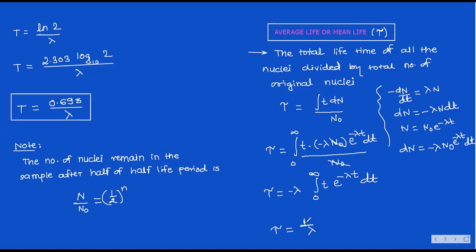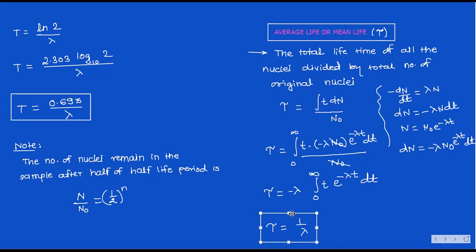Tau is equal to what? 1 by lambda. This is the relation between decay constant and average life, not half-life. So therefore, this tau is equal to 1 by lambda. Okay.